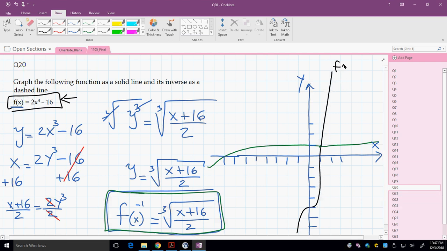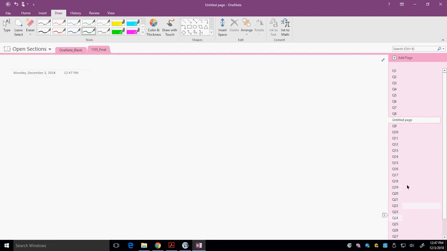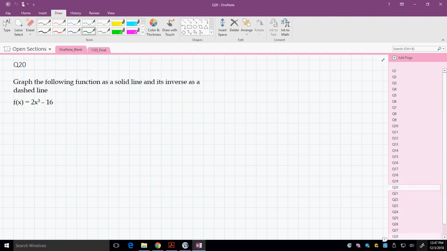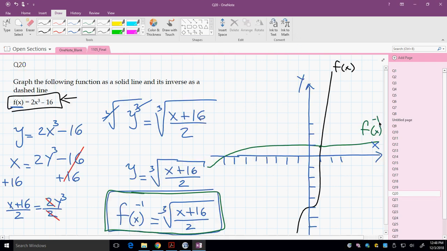So this is the function f of x, and this one is my inverse, f of x to the negative 1.